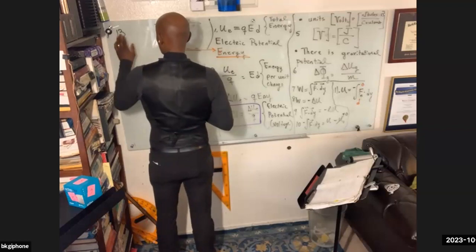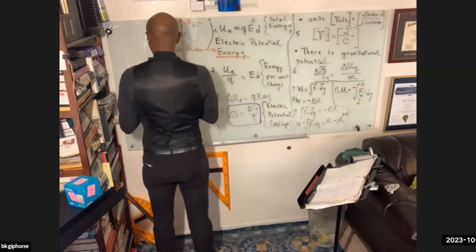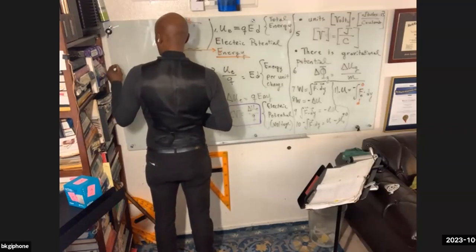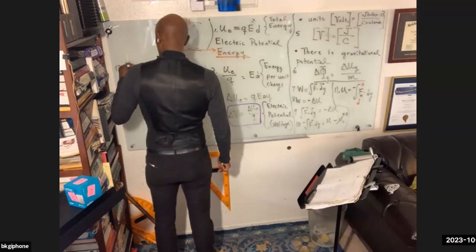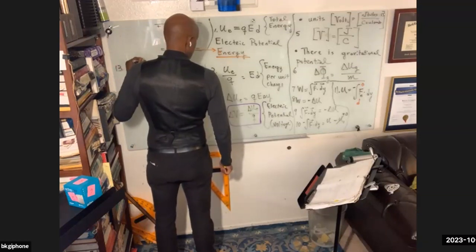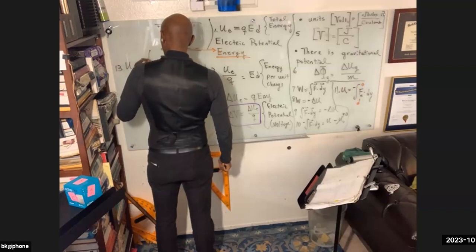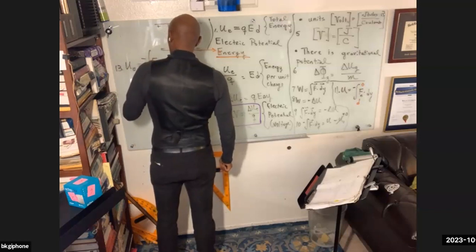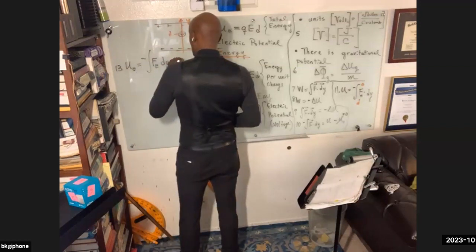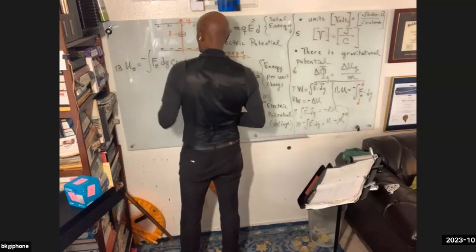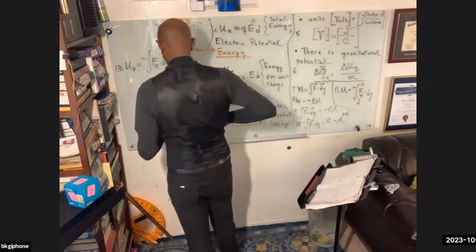So that's what I was kind of doing in my head over there. So here we're going to have the electric potential energy is equal to minus the integral of Fe dy times the cosine of 180 degrees.